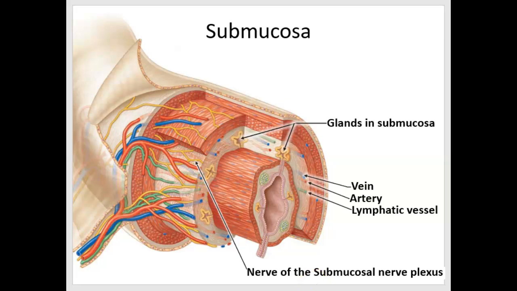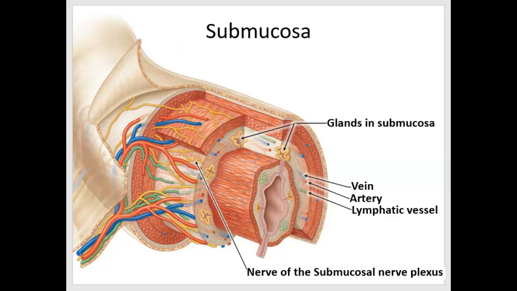Also located within the submucosa is a network of nerves called a plexus, and this is showing you a nerve in what is known as the submucosal nerve plexus. This is part of what is known as the enteric nervous system. The submucosal nerve plexus is one of two plexuses that make up the enteric nervous system.